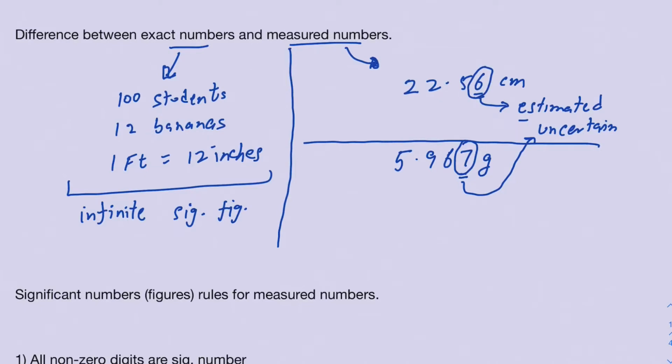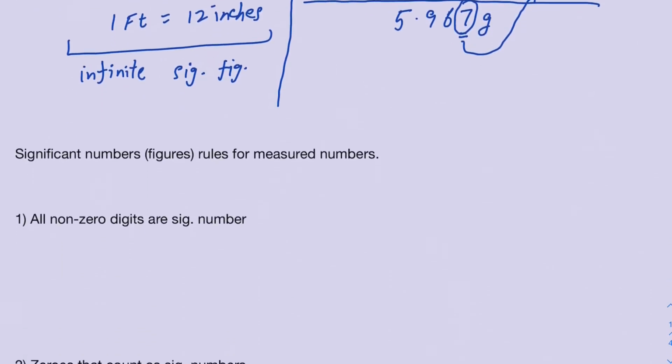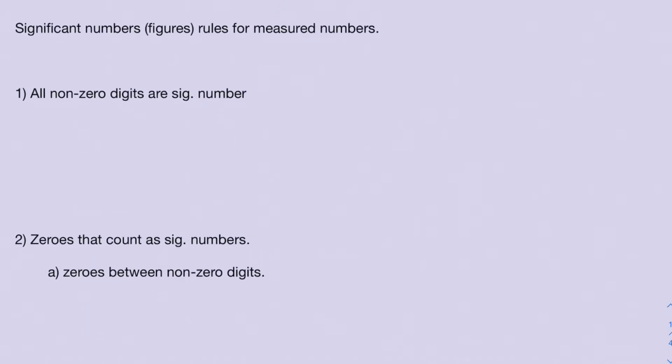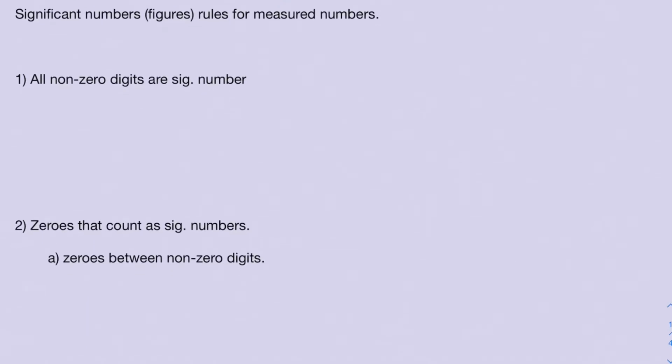In a measured number, there are some digits that are considered significant and some that are not. So there are rules on assigning sig figs to a measured number, and they only apply to measured numbers, not exact numbers.